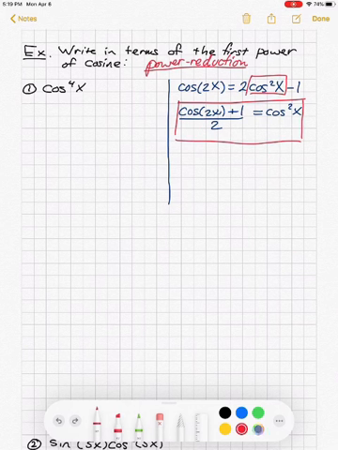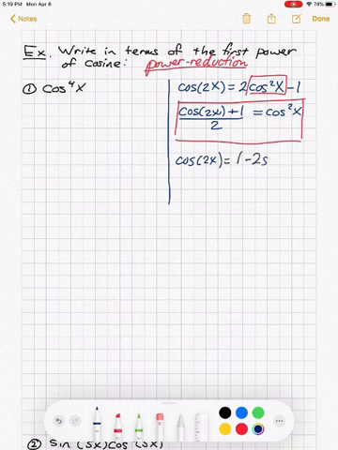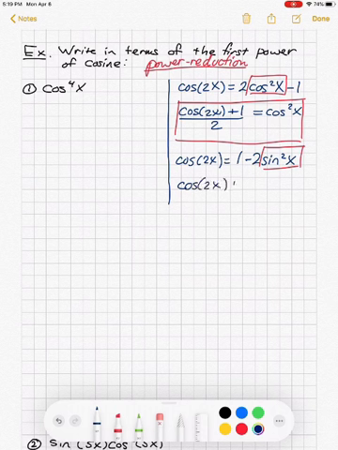What if I do the same thing, starting with this formula? And now I'm going to solve for sine squared. So add 1, or I guess it would be subtract 1 this time.